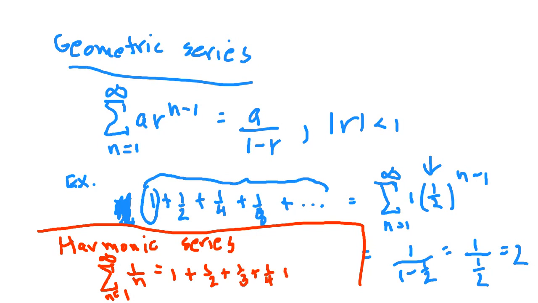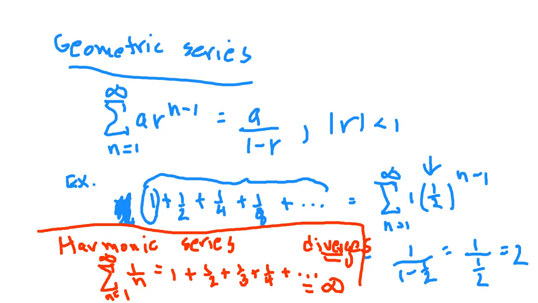This is a harmonic series, 1 plus a half plus a third plus a fourth, and so forth. And we learned that even though the terms of the harmonic series are approaching 0, they're getting smaller and smaller, still the harmonic series diverges. The sum will equal infinity. It's an absolutely amazing result.